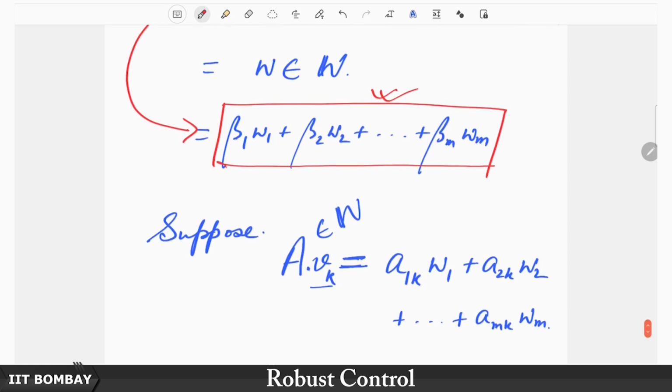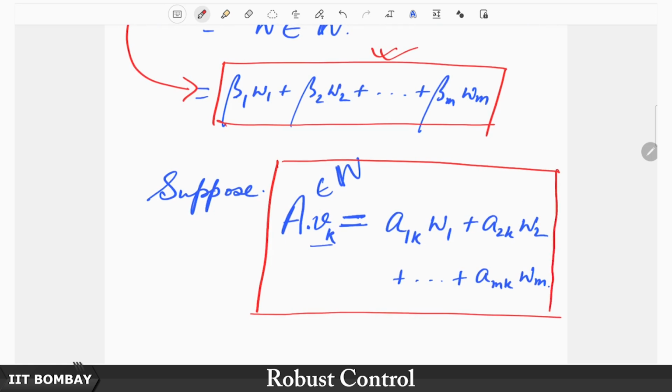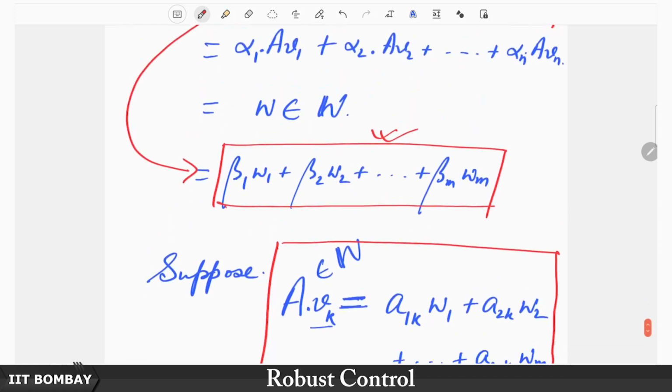Furthermore, once we have knowledge that every such member in the basis BV, when acted upon by this linear map A, yields a vector in W which is a linear combination of the elements in the basis for W, that is BW, in this fashion, then what can we write?